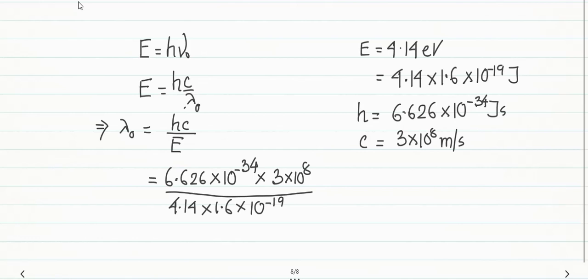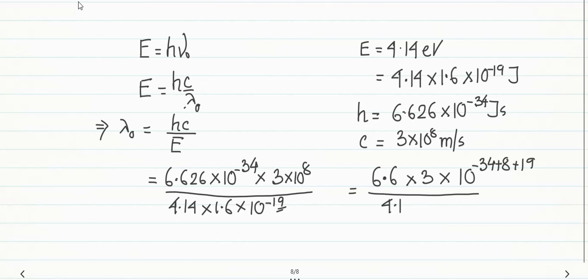Now we need to do a few approximations such that we can get the value. 6.626 can be written as 6.6, and it is 3. The powers I can write as minus 34 plus 8, and the minus 19, if I take it to the numerator, will be plus 19, divided by 4.1 multiplied by 1.6.